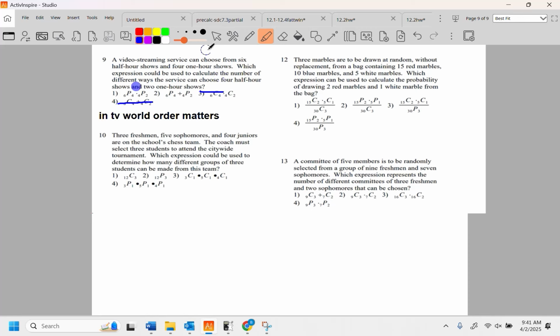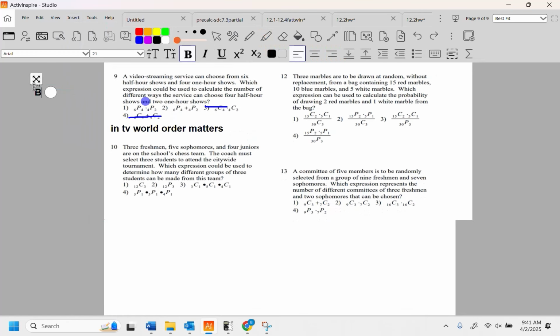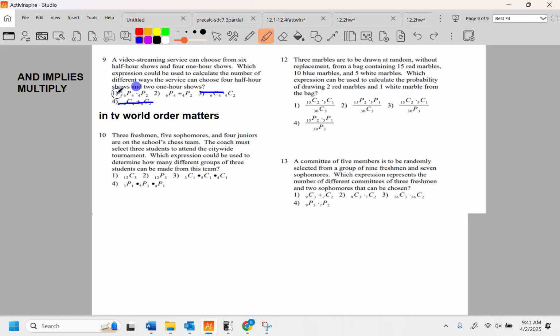The word and means multiply. A-N-D implies multiply. It's just what it does. It implies multiplication. So order mattered, made us permutation, and gave us multiplication. All right, didn't say or, it said and.